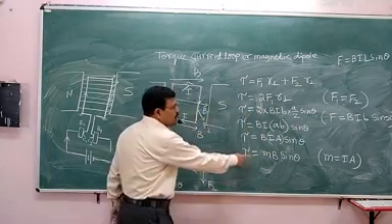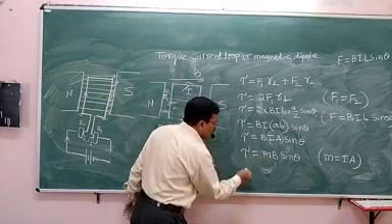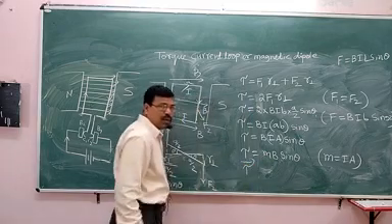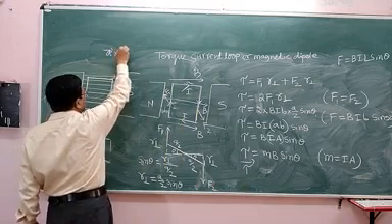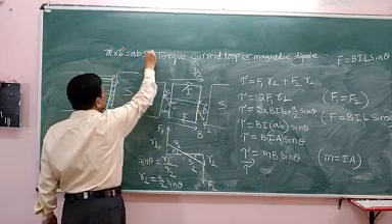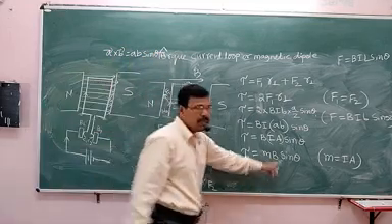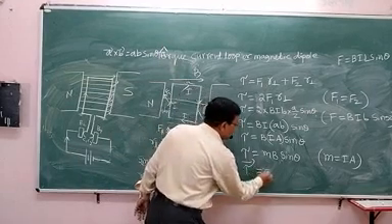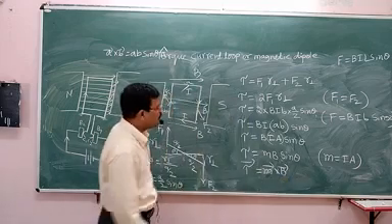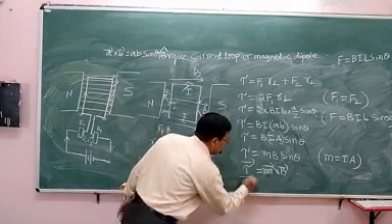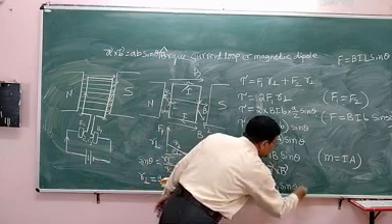Since magnetic moment is a vector quantity and magnetic field is a vector quantity, we can write the cross product of two vectors, as we learned in 11th class, A cross B is equal to AB sine theta n cap. So here MB sine theta, we can write M cross B, or we can also write it this way, torque is equal to MB sine theta n cap.